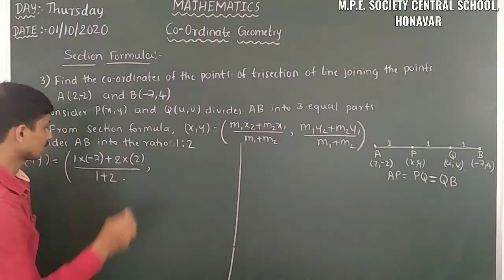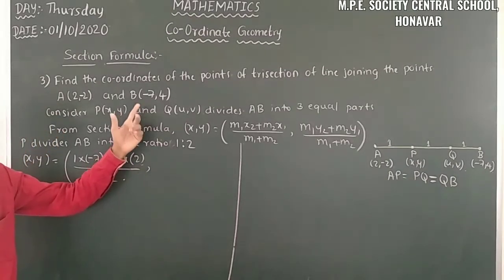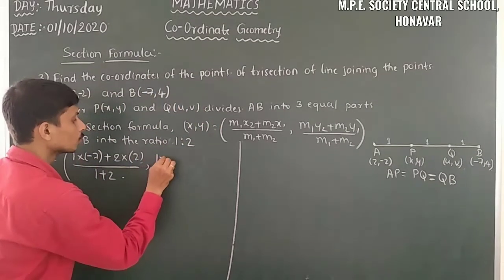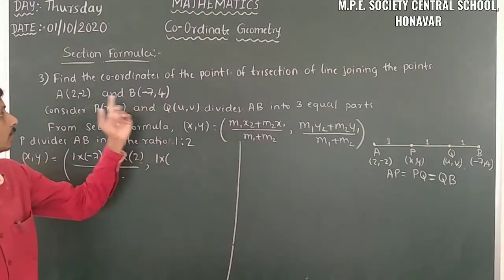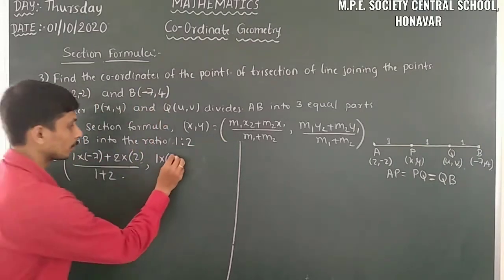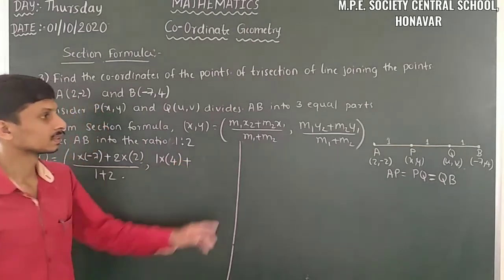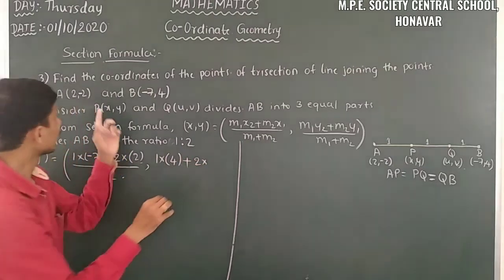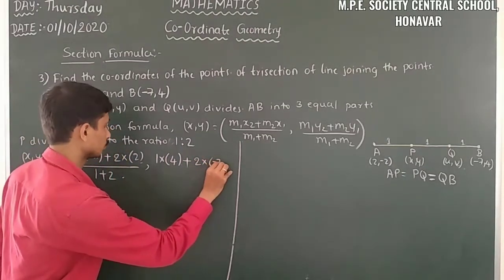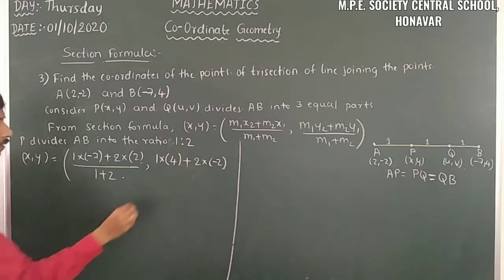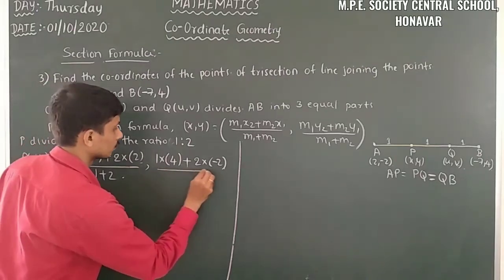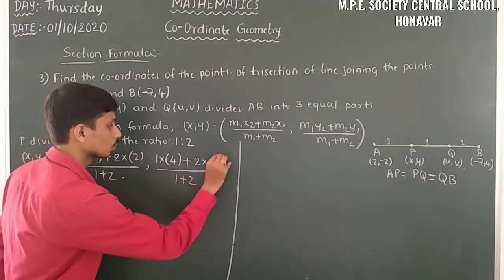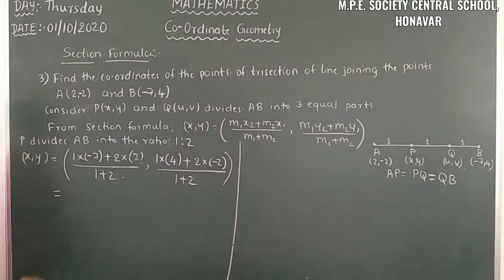Then comma, the second coordinate. Here m1 into y2, that is 1 into 4, since y2 is 4, plus m2 y1, that is 2 into y1, which is -2, divided by m1 plus m2, that is 1 plus 2. Let us simplify.